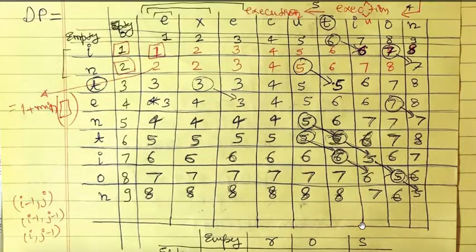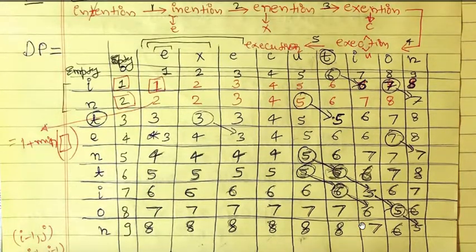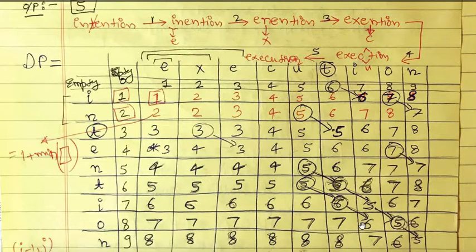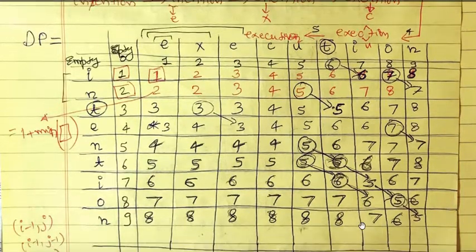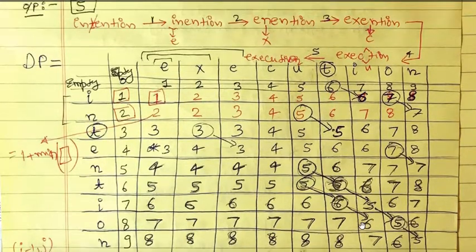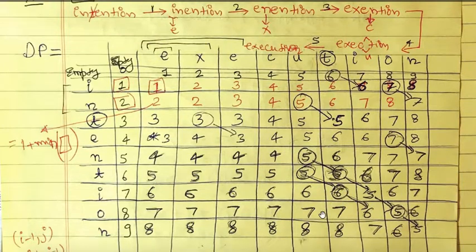So I also made a complicated example here, and you can pause this video and try to make this array the same way I made for the earlier one, and try to copy the diagonal elements when things are same. For example, here T and T are same, so we copy the diagonal element.